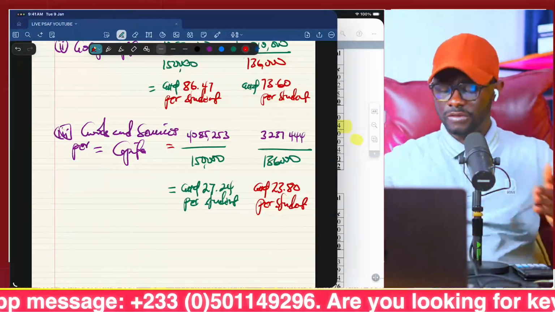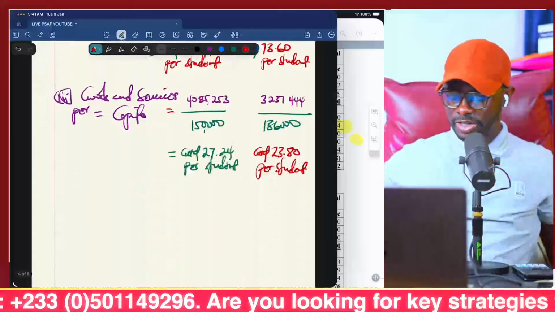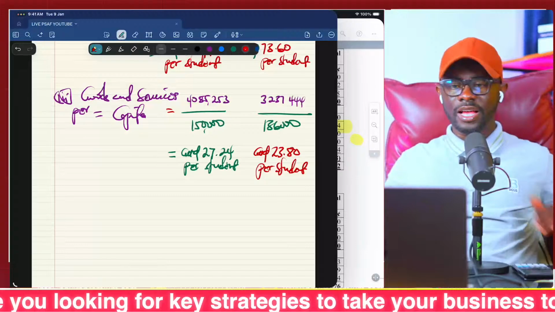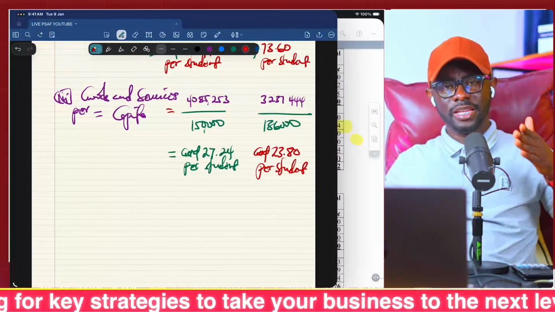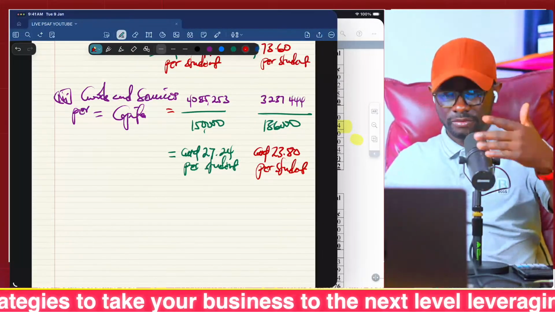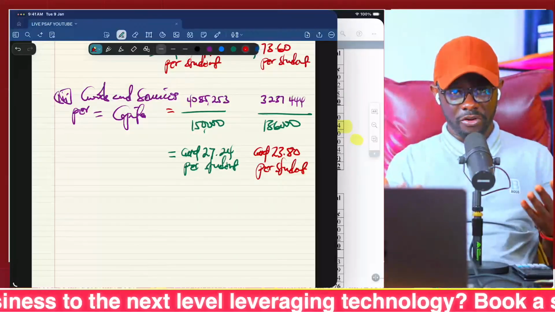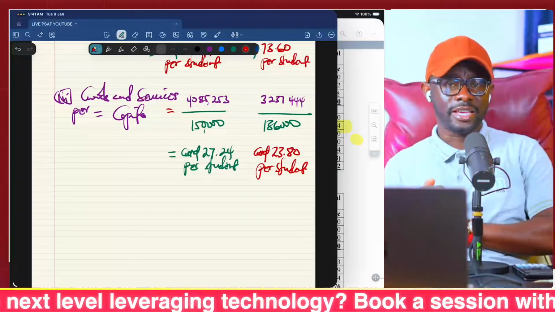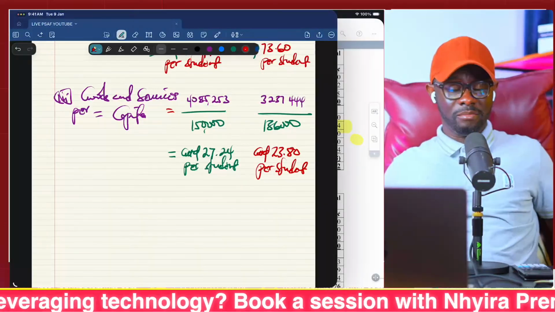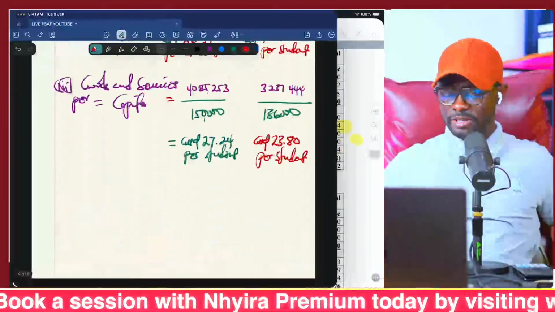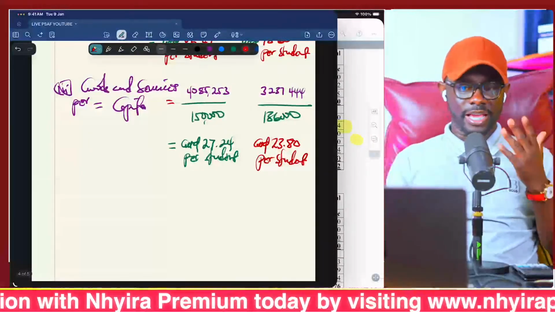But on the face of this, Sunyani Technical University has a higher goods and services per capita. So the amount of money they are spending per the number of students they have is higher than Bolgatanga, which means that on average, students in Sunyani Technical University will have better quality education than students in Bolgatanga University. That's the idea about that.